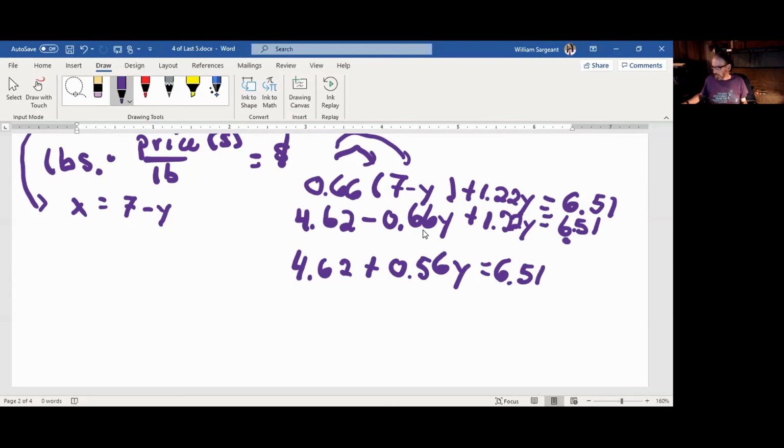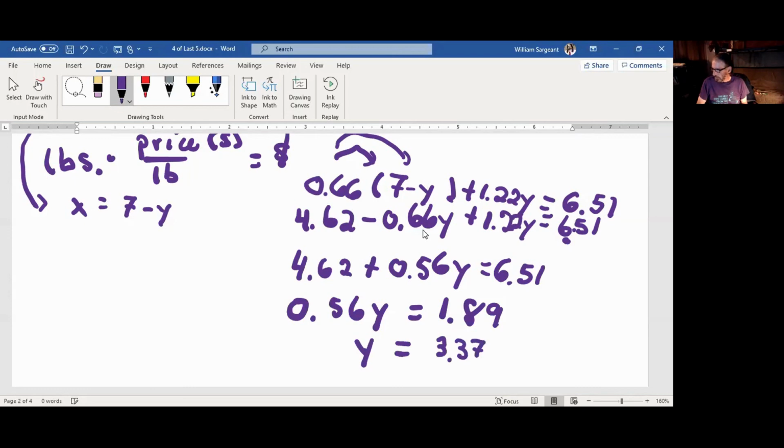Getting 1.89. Dividing that by the 0.56. I'm getting 3.375. That would be 3.375 pounds of the $1.22 per pound candy.